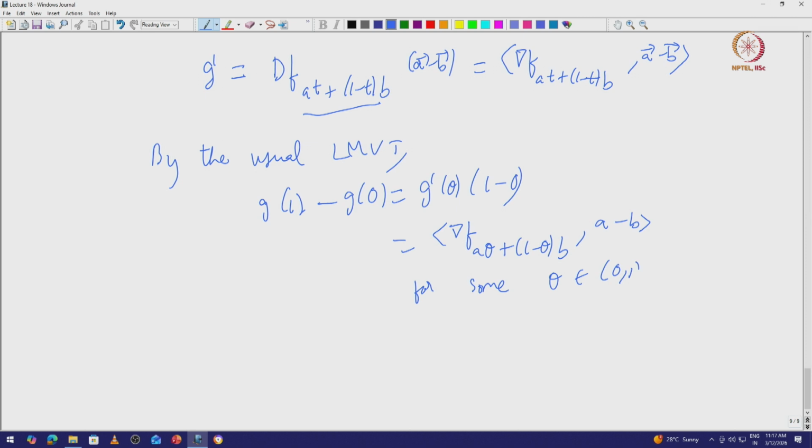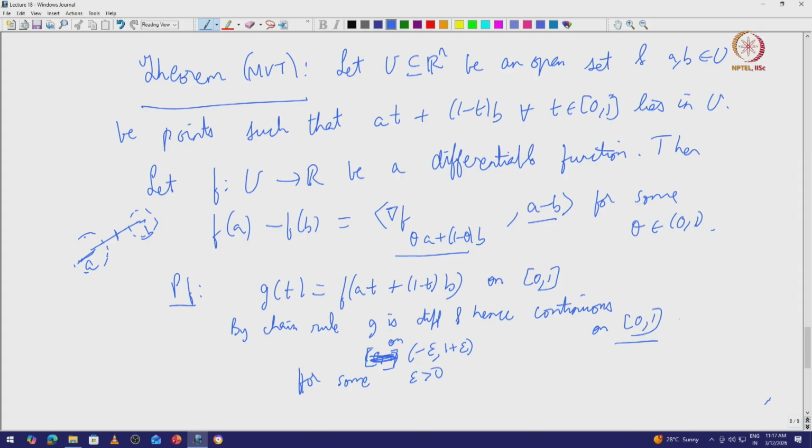So it's very easy to prove it just by using the usual Lagrange's mean value theorem. There is a small technicality, of course, over here, but that's not too big a deal. So other than that, it's actually very straightforward to prove this theorem.